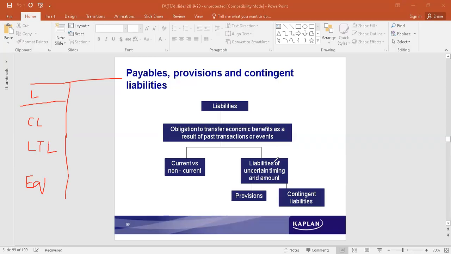Apart from that, there are liabilities that would arise, but when they would arise is not sure. Under that category, there's one thing called provision and another thing called contingent liability. A liability which would arise in the future is a contingent liability.